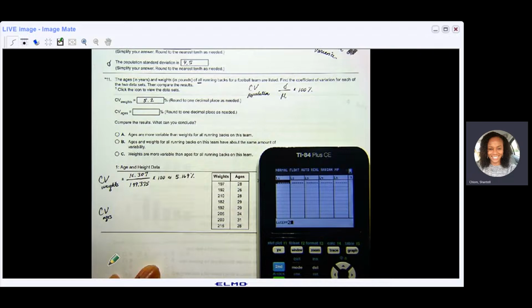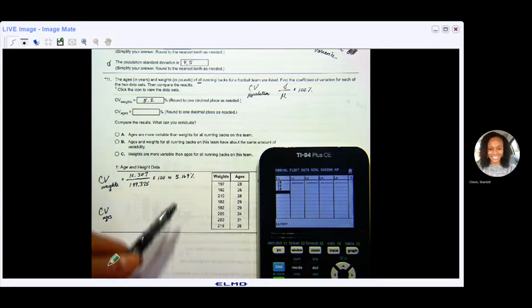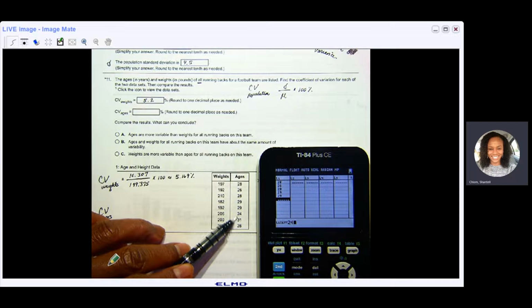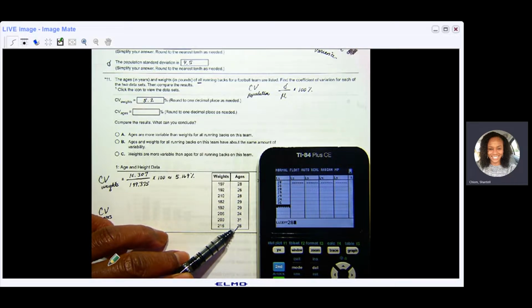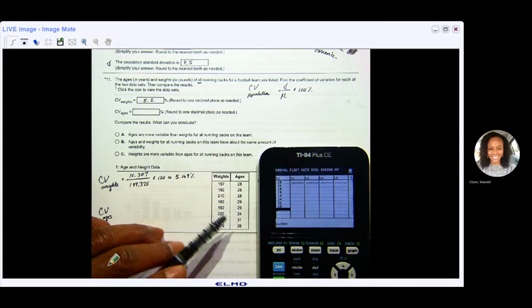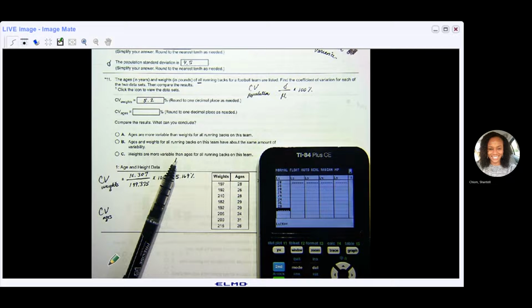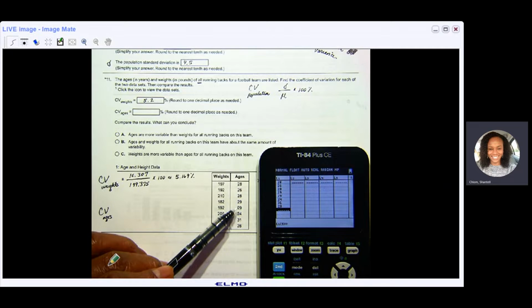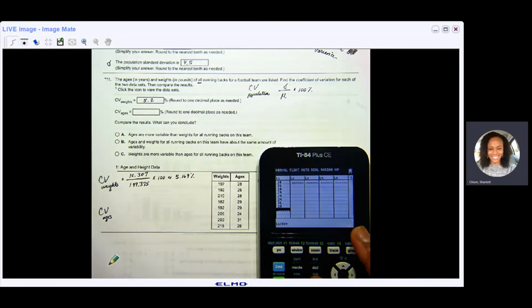So ages is 28, 26, 28, 29, 29, 24, 31, 28. All right. And I believe we've got 1, 2, 3, 4, 5, 6, 7, 8, all 8 values entered in. Yep. So now we're ready to work with it.